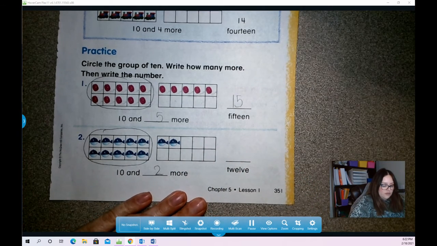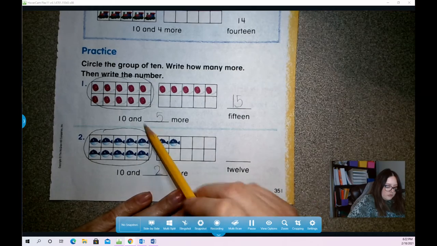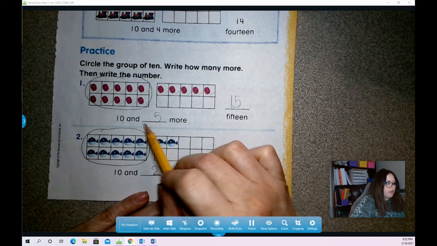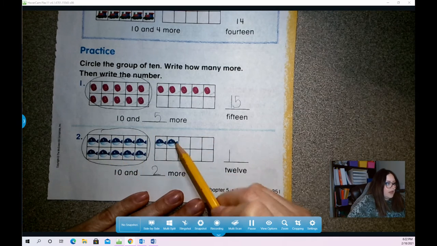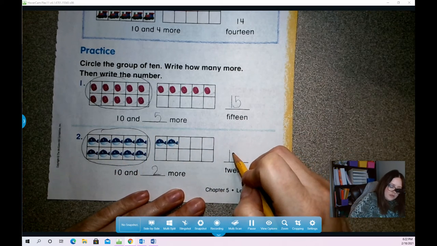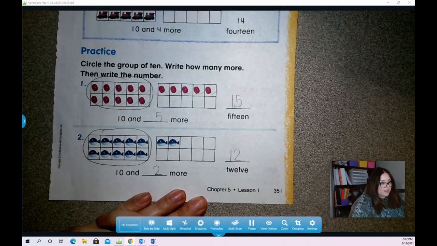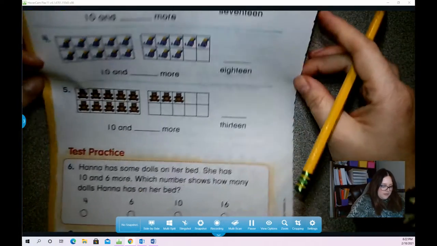So they're all alone. So we know that there is one group of 10. So we write a 1. There's one group of 10 and 2 more. And that makes the number 12. Ta-da! You have a couple more on the back.